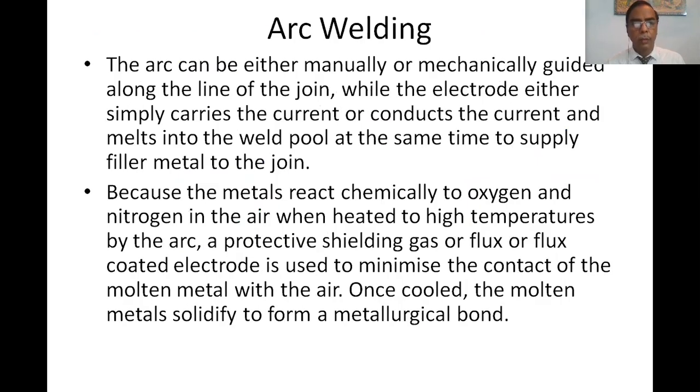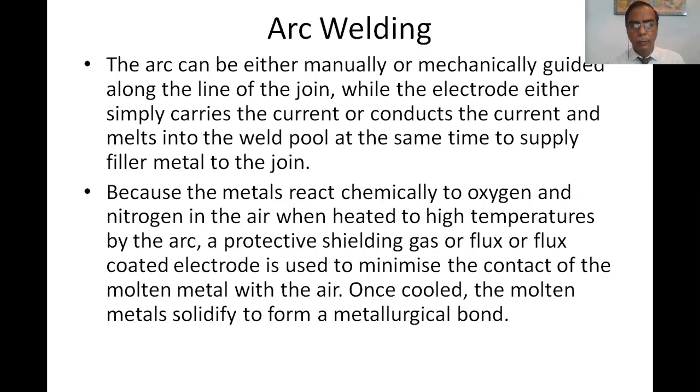In arc welding, the arc can be guided either manually or mechanically along the line of the joint. The electrode either simply carries the current, or conducts the current and melts into the weld pool at the same time to supply filler metal to the joint.